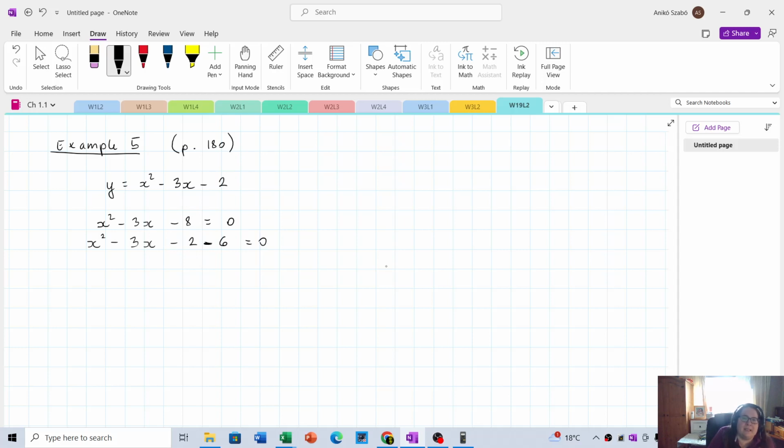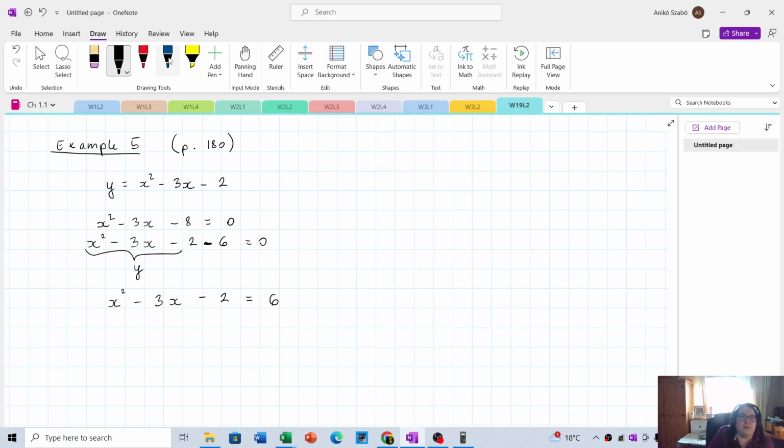Hopefully that makes sense. We can always double check: carry out this calculation, that's -8, so we're good. Now I've got my y here. Before that, I will rearrange this so I've only got y on the left-hand side.